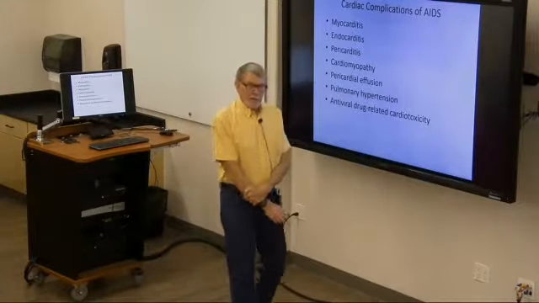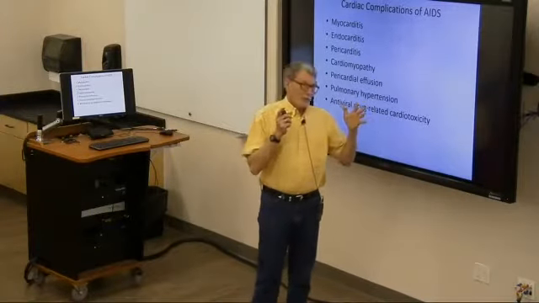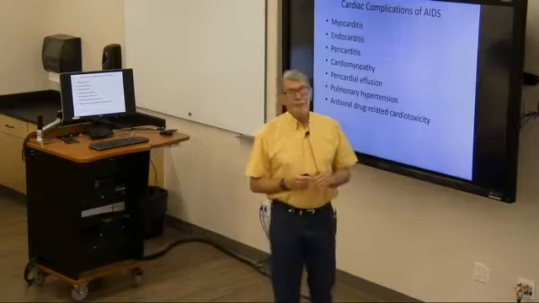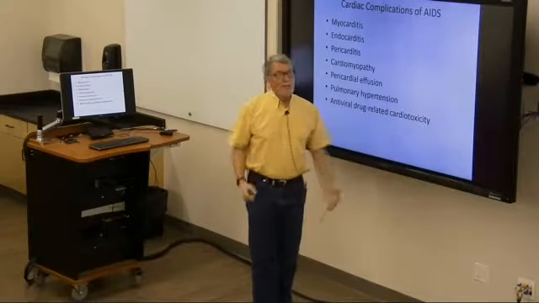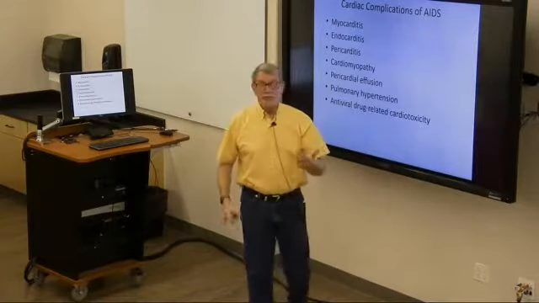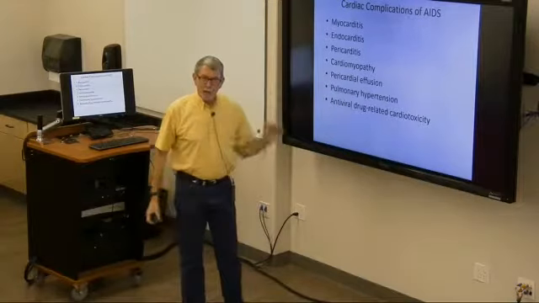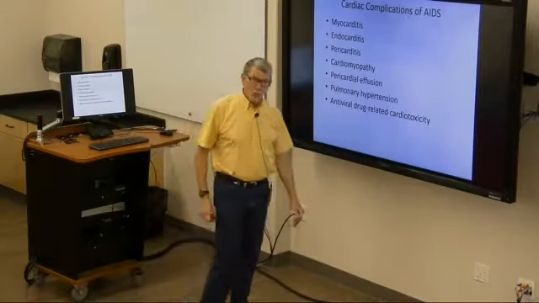And HIV, because it causes direct damage to nerves and stuff, and because it allows opportunistic bacteria, viruses, and funguses to just run rampant, causes all kinds of blood vessel and heart disease as well.